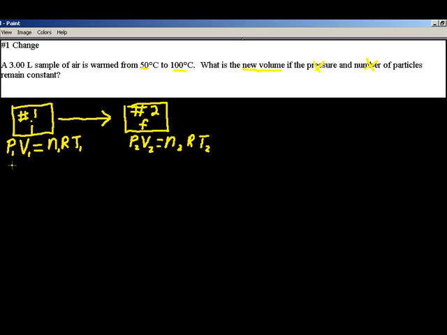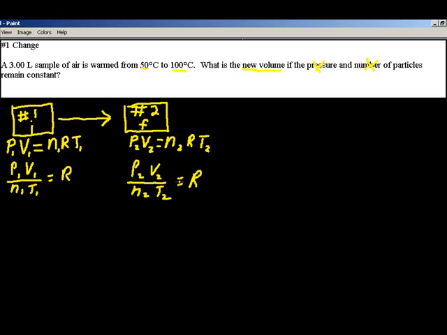Now, as was shown in class, we can maneuver this around. We can say that P1 V1 over N1 T1 equals R, and we can say that P2 V2 over N2 T2 also equals R. And what very quickly emerges, which we've discussed, is that when you have a container and you do something to that container, heat it, change the volume, change temperature, whatever you want to do, the PV over NT ratio of the new container is going to be the same as the PV over nT of the old container.